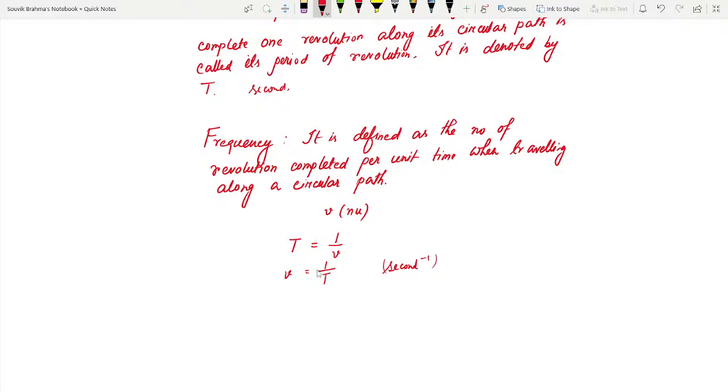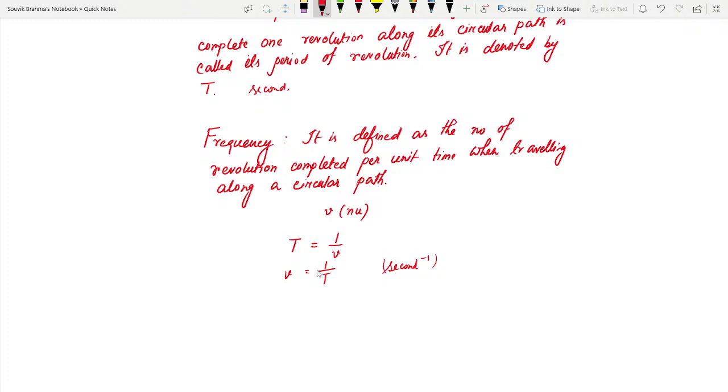Now we'll see a relation. Now we'll see the relation between omega, nu, and capital T, time period. We'll see the relations between all of them. So angular velocity, frequency, and time period.